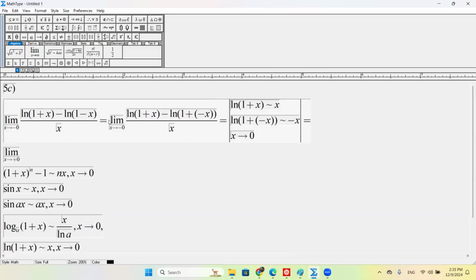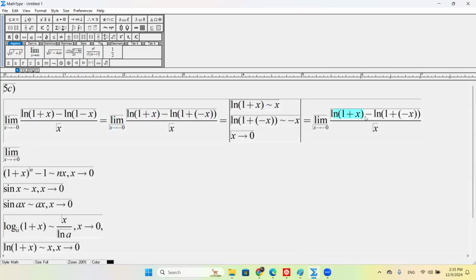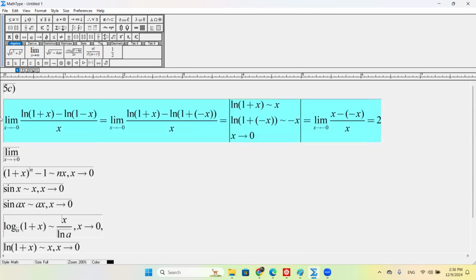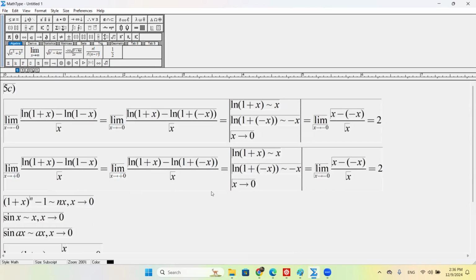And what I will receive finally: x minus minus x, and it will be equal to 2. And analogically for x approaching plus 0, nothing changes in this case.